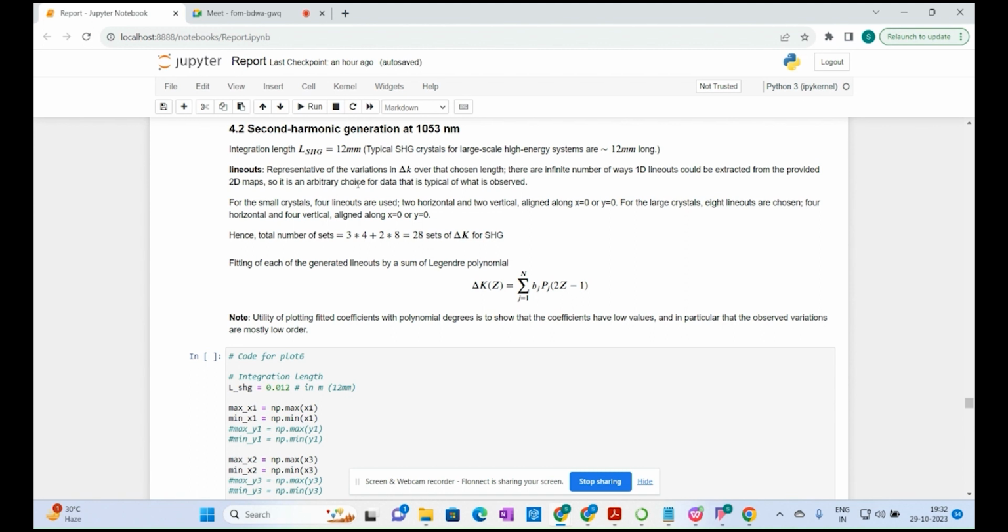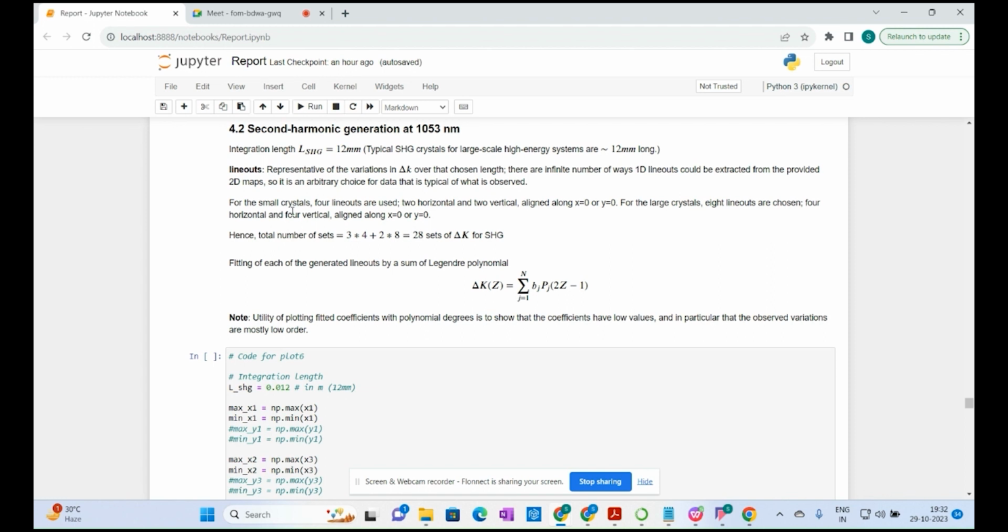So our approach involves extracting lineouts from the experimental data, which represent variations in wave vector mismatch over this 12 mm span. For the 3 small aperture crystals, we have chosen 4 specific lineouts that extend either horizontally or vertically from the central point of the aperture in various directions: x greater than 0, x less than 0, y greater than 0, and y less than 0.